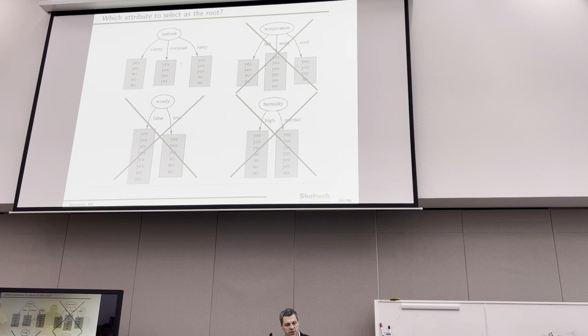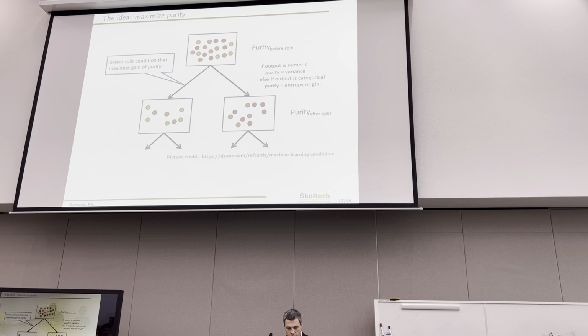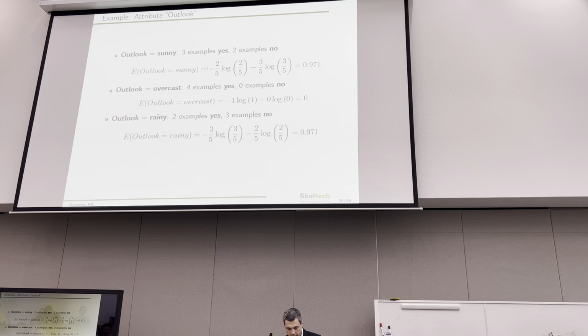So we get here some training data set, and if we select the variable outlook as a root, then the outlook contains several values: sunny, overcast, or rainy. And so the whole data set will be divided into 3 subsets with such labels. And then we calculate entropy. The entropy for the first subset is like this, the entropy for the second subset is like this, and the entropy for the third subset is like this.